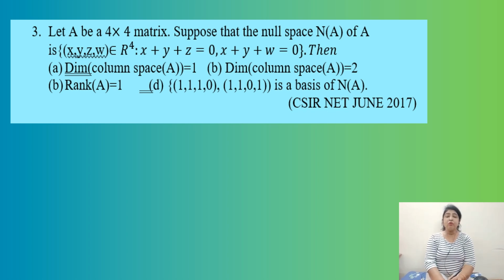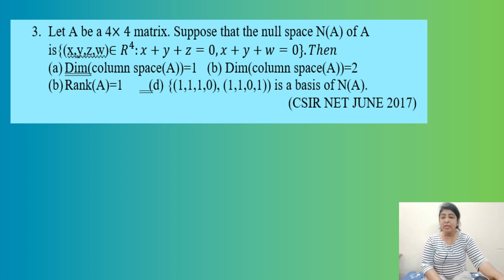Then the dimension of column space of A is 1. Dimension of column space of A is 2. Rank of A is 1 and the set {(1, 1, 1, 0), (1, 1, 0, 1)} is a basis of the null space of A. This question was asked in CSIR NET in 2017.